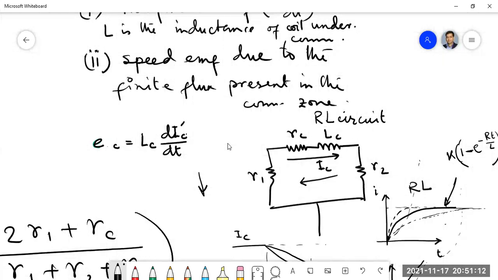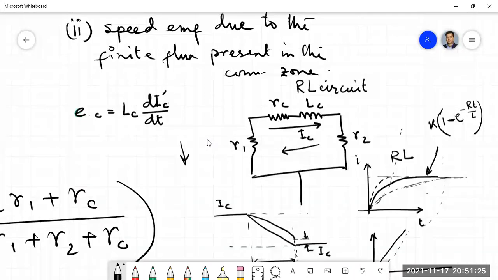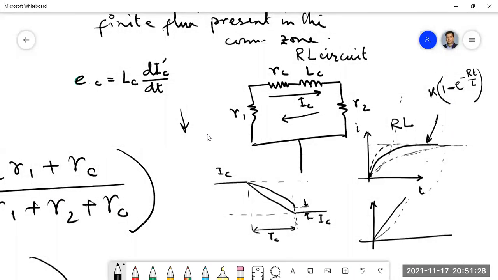We'll try to neutralize this EMF, L_C dI_C/dt, by a speed EMF, to neutralize this delayed effect of inductance, so that we can get some sort of linear commutation. Okay. Any question?